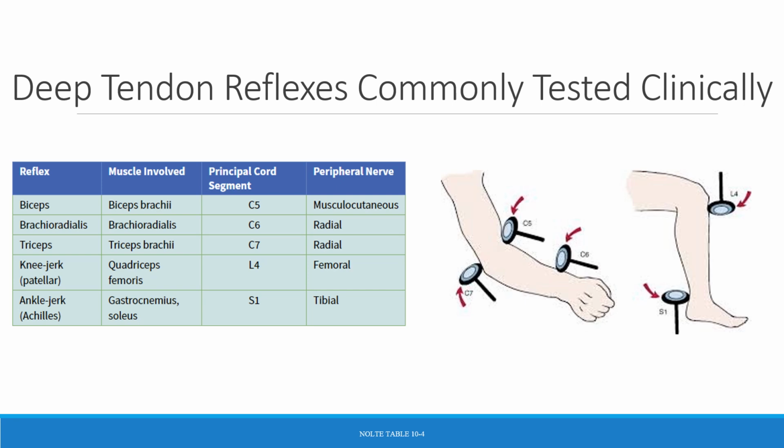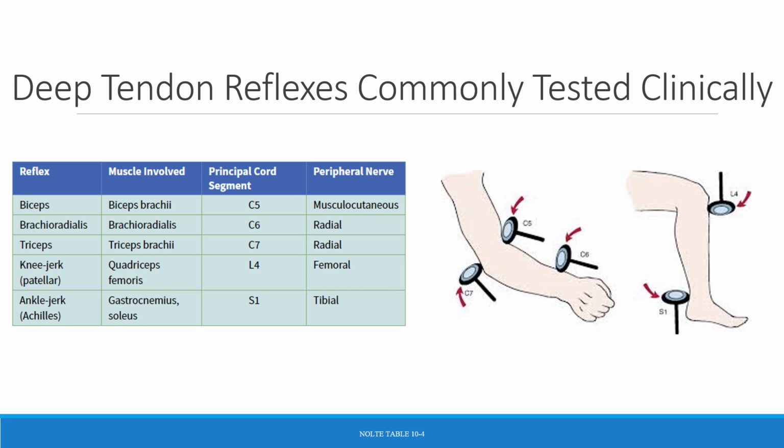Knee jerk, or the patella reflex, the one that we usually think of when we think of deep tendon reflexes, that's going to be testing the quadriceps femoris, or the quads, and that's L4. L4, kick the door, right? So principal cord segment, L4. Peripheral nerve is the femoral nerve. Femoral front, remember. So when we go through our leg muscles, femoral's in the front.